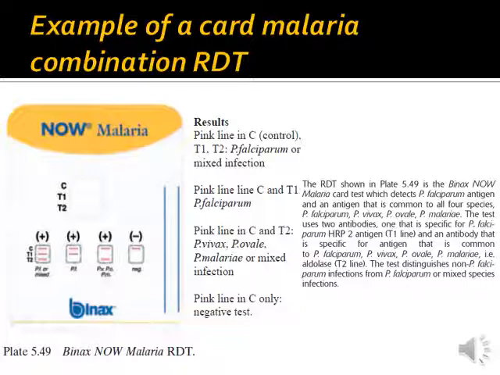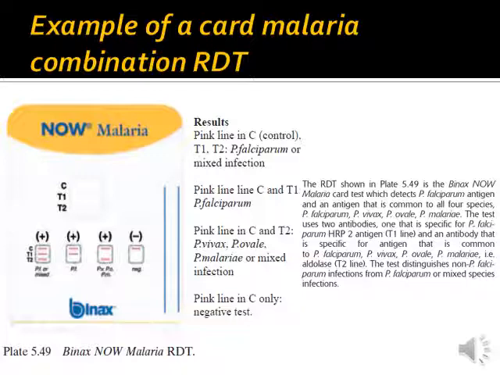Now let us see the results. On the extreme left, you can see a pink line appearing against control, against T1 and against T2.